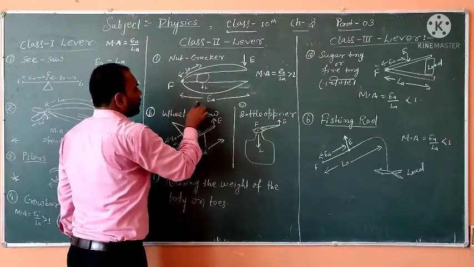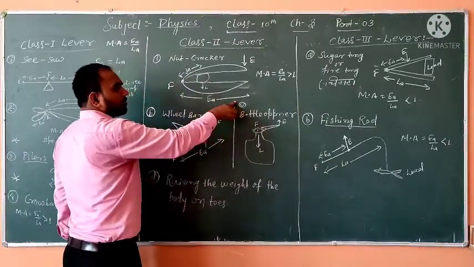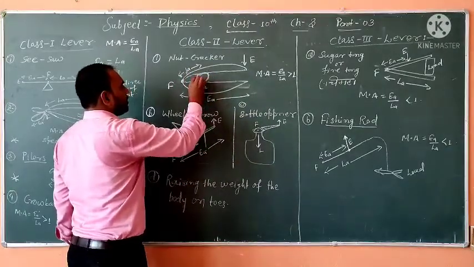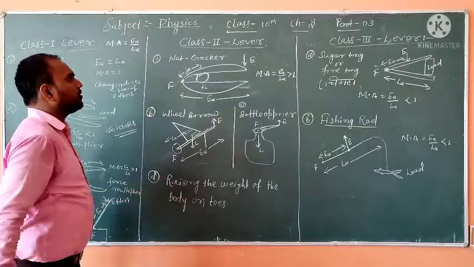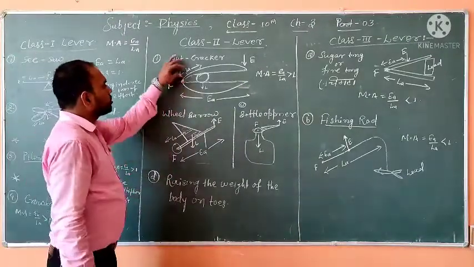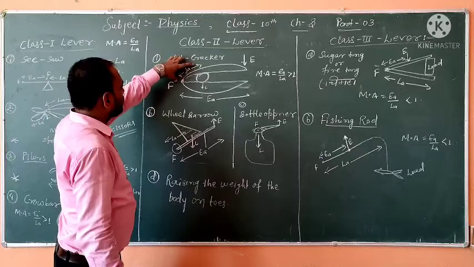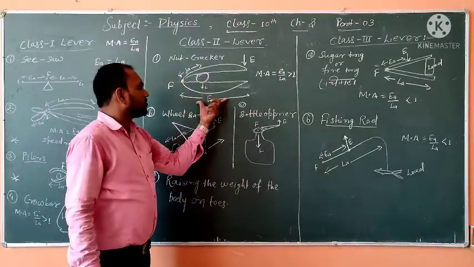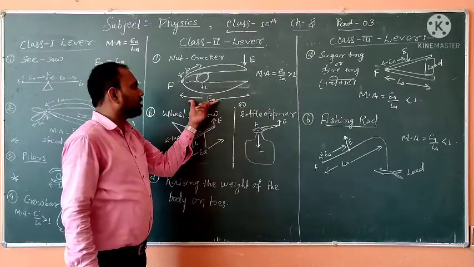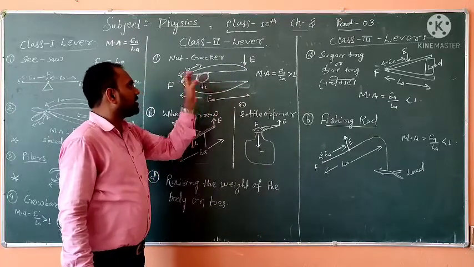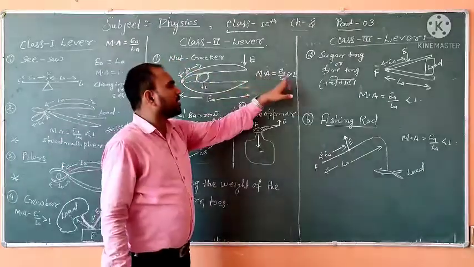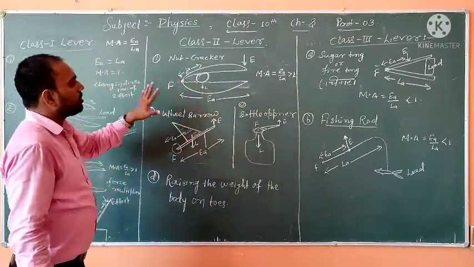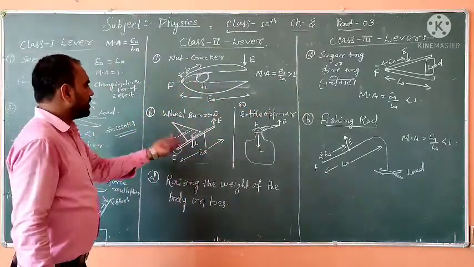Here you will find the effort arm is very large compared to the load arm. This is your nut, present between the two plates of the nutcracker, so this will be called the load. The distance between fulcrum and load is called the load arm, and the distance between effort and fulcrum is called the effort arm. As the effort arm is greater than the load arm, the mechanical advantage of this type of lever is greater than 1. So it works as a force multiplier.